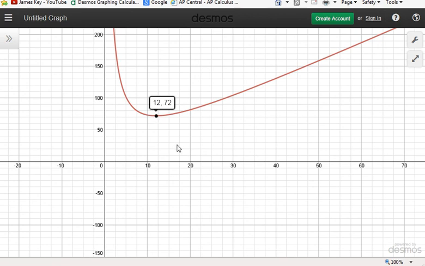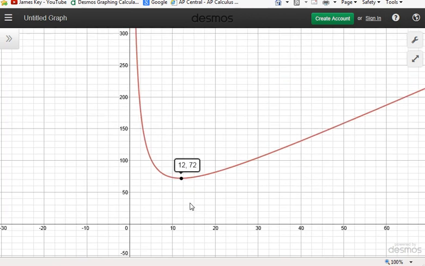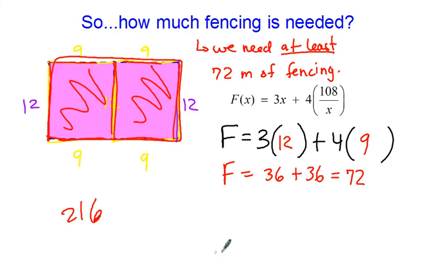Okay, but we'd like to use our money well, so let's aim to use the least amount of fence. And Desmos is telling us the least amount of fence happens when x is 12 and the amount of fencing required is 72. I believe that exactly agrees with our answers. Here's 12, here's 72. And so that confirms that our work is correct. All right, so let's just recap.